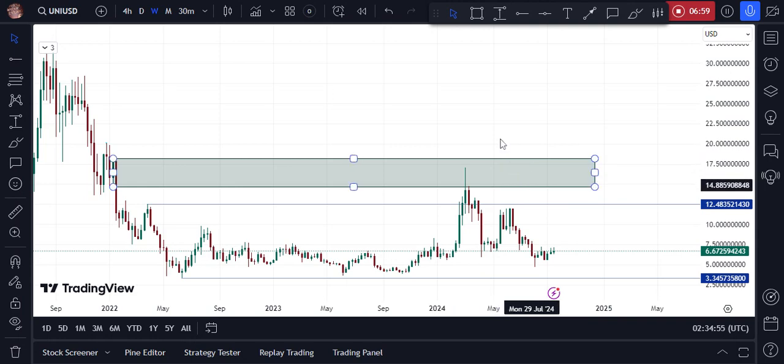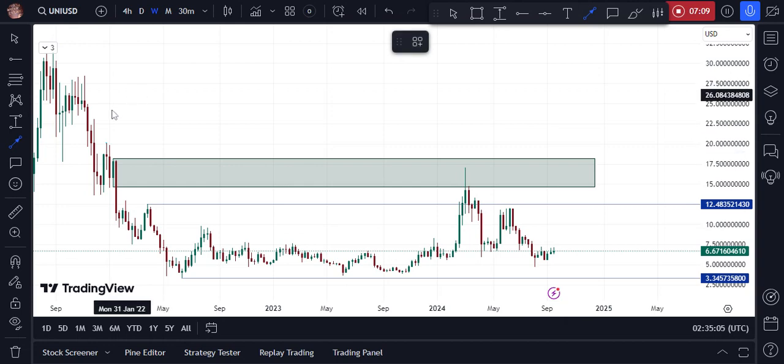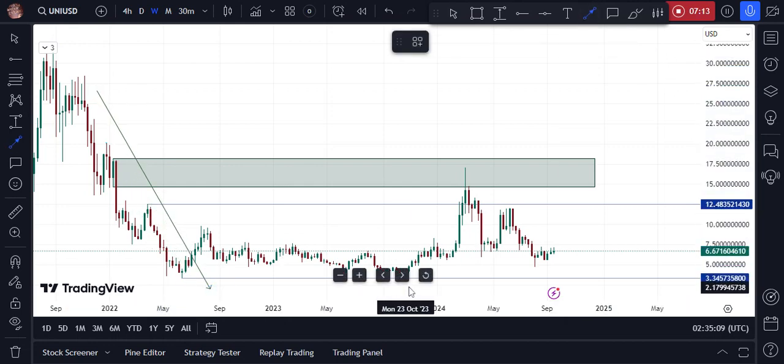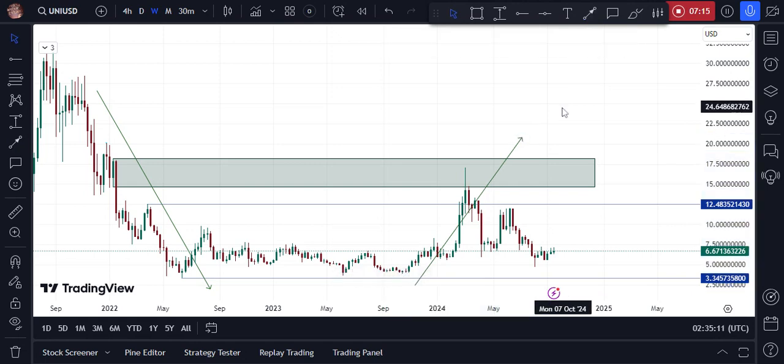So I'll get this out and I will leave this. Now the next thing we are going to do, because there is a change of sentiment from bearish to bullish, you're actually going to look for your bullish engulfing candle.